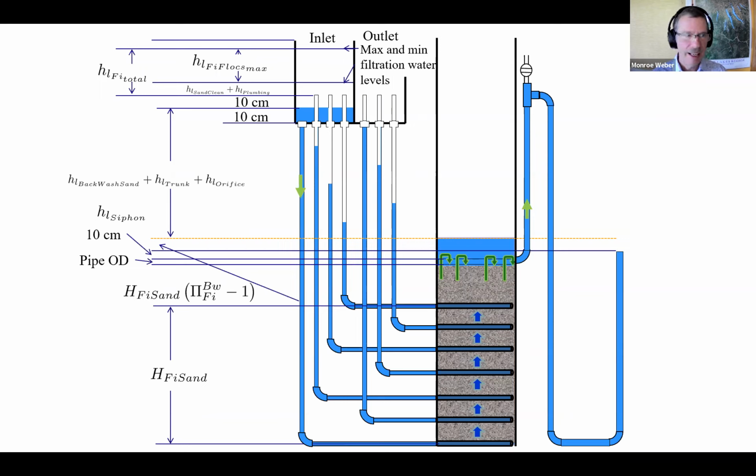I want to begin with this insight about what is different between when you finish backwash of a STARS filter compared with a standard rapid sand filter. With the standard rapid sand filter, when you backwash, you are always pushing water up through the sand.